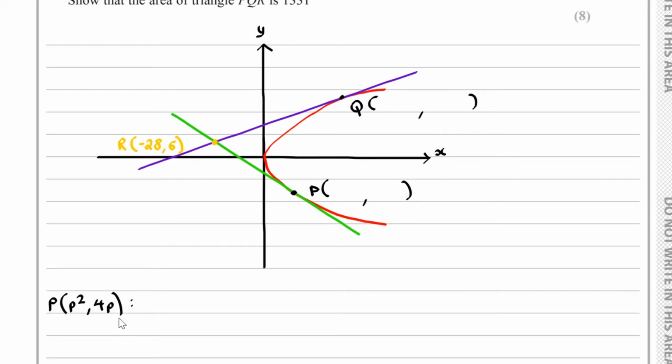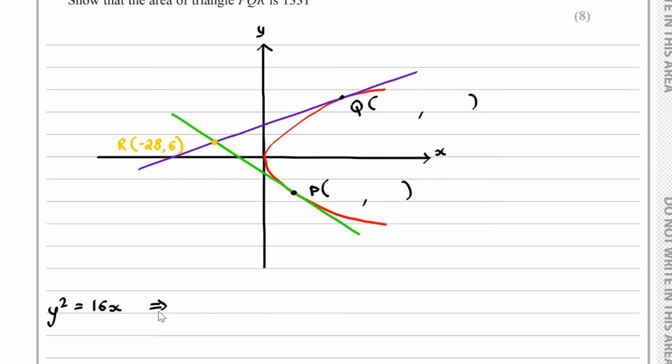So at this point P, we can first of all find out what dy over dx is. So before that, actually, what we need to do is work out what dy over dx is. We're given that y squared is equal to 16x.